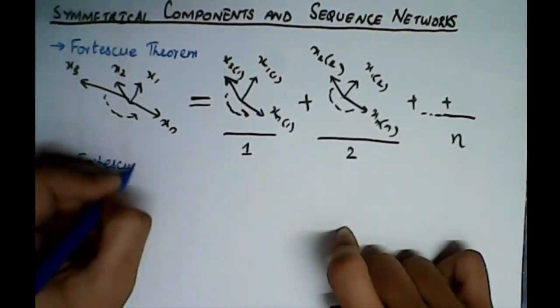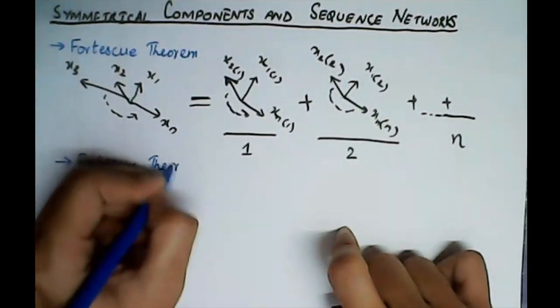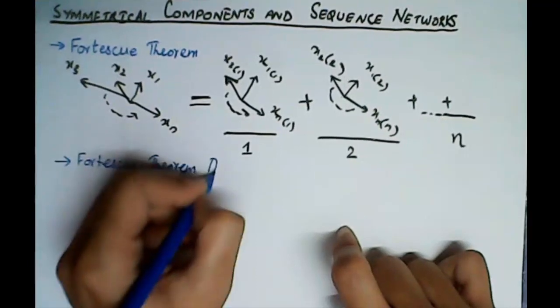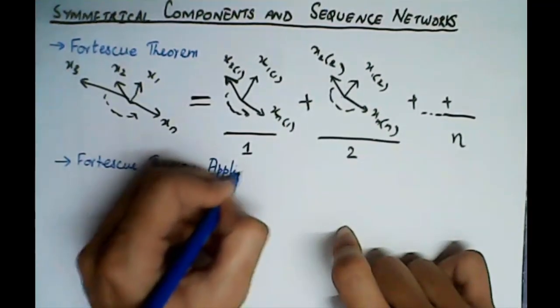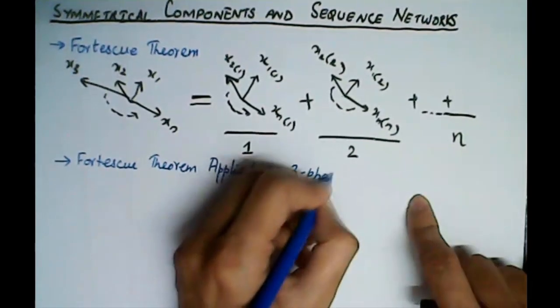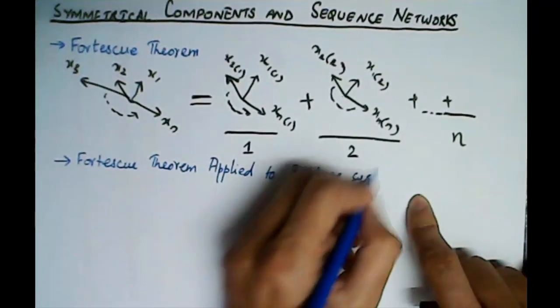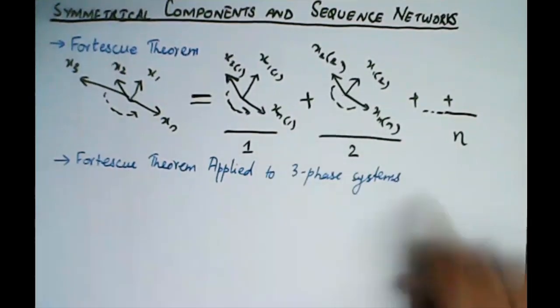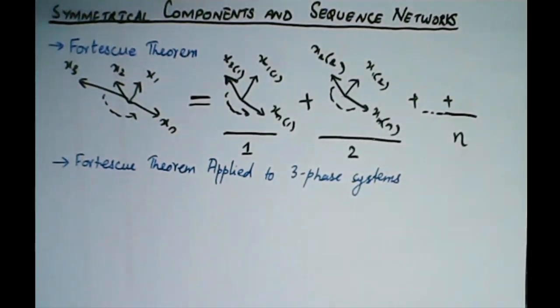Fortescue theorem applied to 3-phase systems. Now what does this mean? Here we have 3 unbalanced phases.